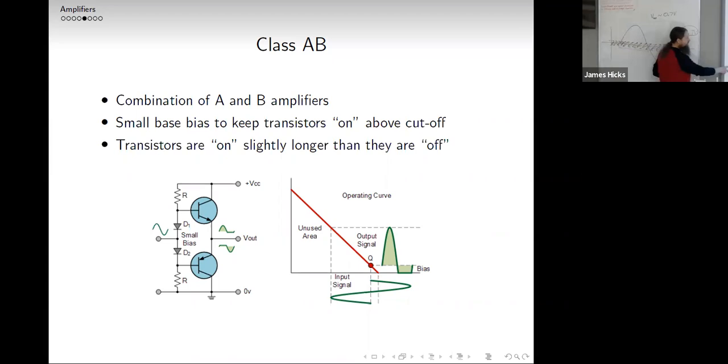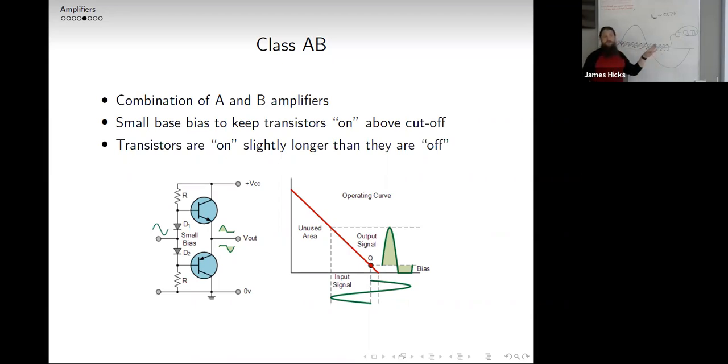That's why there are these two diodes, D1 and D2. They're pushing up and down that voltage level by plus minus 0.7 volts. Class AB amplifiers are really good. They are low distortion, but linear.